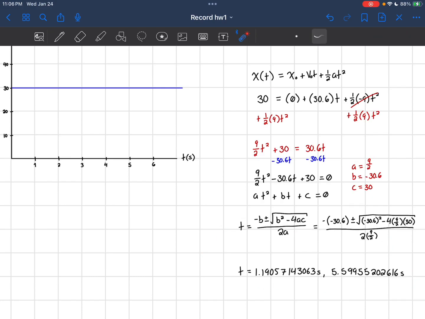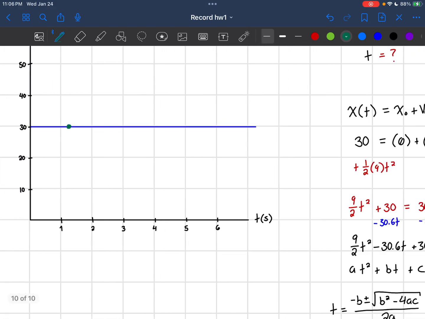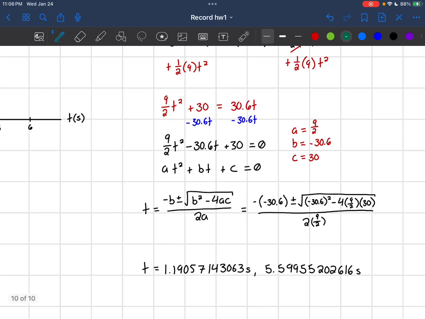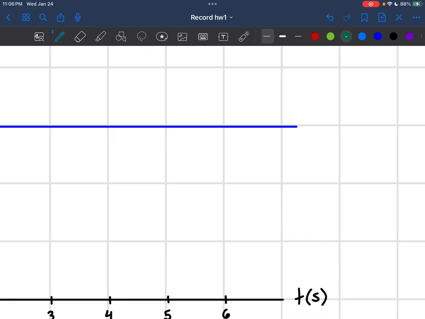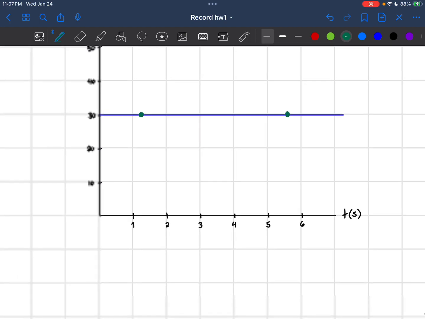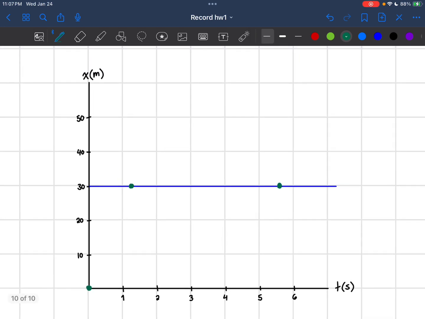So it's about 1.2 seconds the first time it crosses. So say that's about there. And it's about 5.6 seconds over here. And I know that the car starts at an initial position of 0, and it'll have to hit some kind of apex in the middle.